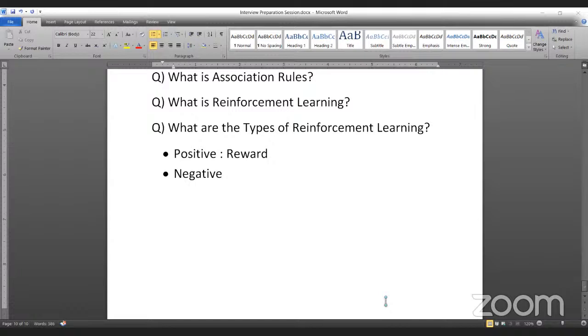Here one thing to remember, we should not give too much reinforcement to a system or it may get over optimized.